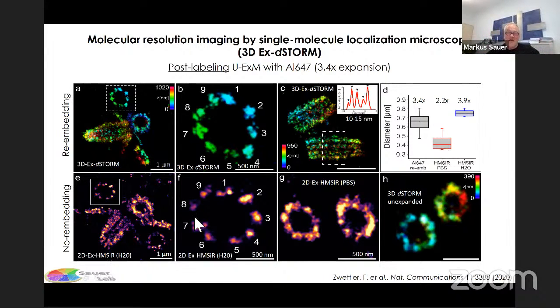So at the moment, we think re-embedding and doing just classical D-storm microscopy works best, provided that you can preserve the ultrastructure by optimizing your expansion protocol.